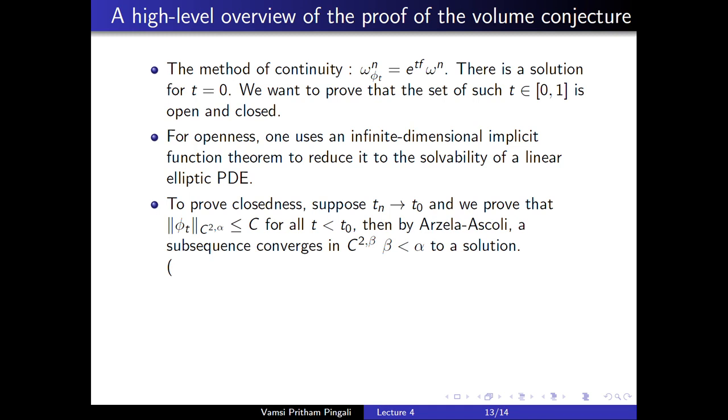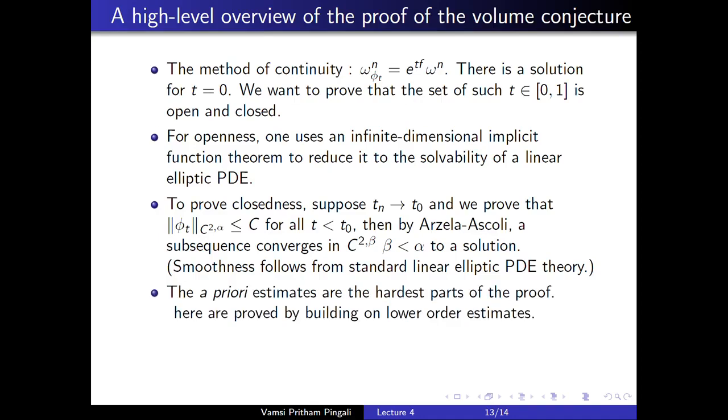So by Arzelà-Ascoli, if you can prove these so-called a priori estimates independent of T, that is, you assume you already have a solution and prove that the solution is controlled independent of T, then we have at least a C^{2,beta} solution at T_0. But we want a smooth solution. Now that's not rocket science, that follows from standard theory. If you have a C^{2,beta} solution, it's automatically smooth.